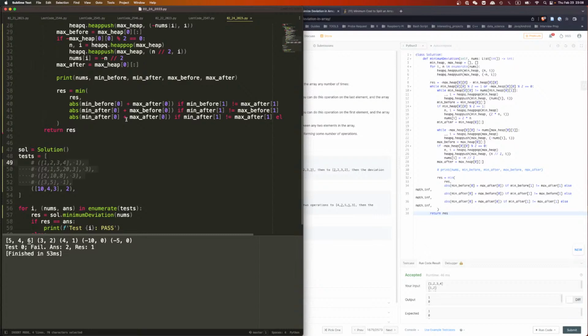And then on the max, I do the same thing. I push into the min heap. But on a max heap, I'll get current max, and then I'll process something. So it'll get smaller. Then I will push to the min heap.